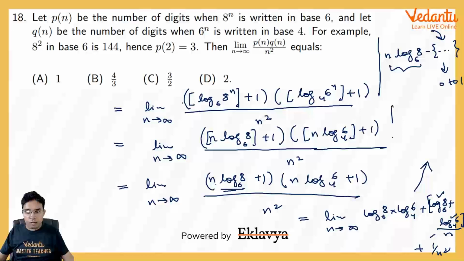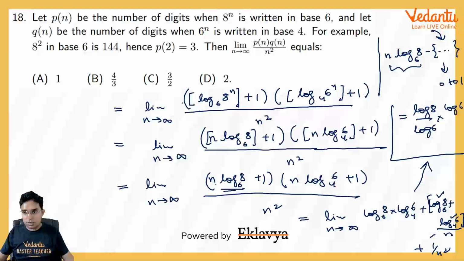So we are only left with these two terms, which can be written directly now: log 8 upon log 6 into log 6 upon log 4. So log 6 gets cancelled, and log 8, if I write it at base 2, will be 3 here and 2 here. So the answer for this would be 3 by 2.